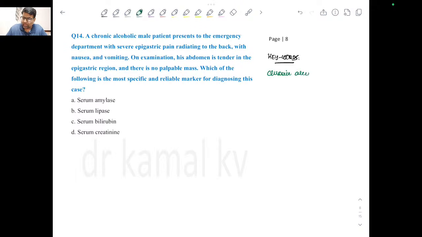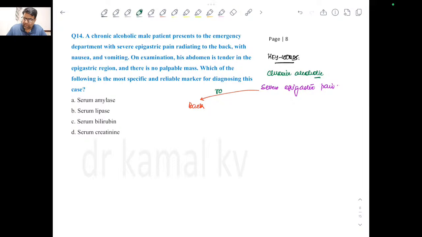Chronic alcoholic. Very good, Priya. Then there is severe epigastric pain, and this pain is radiating to the back. Clear?